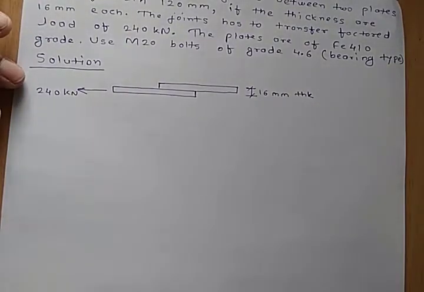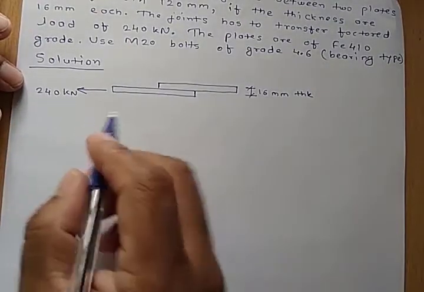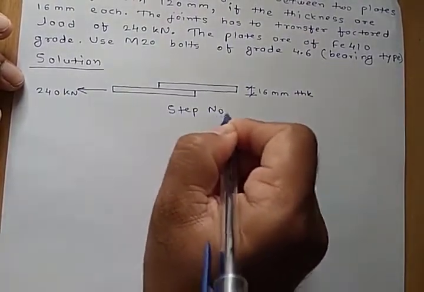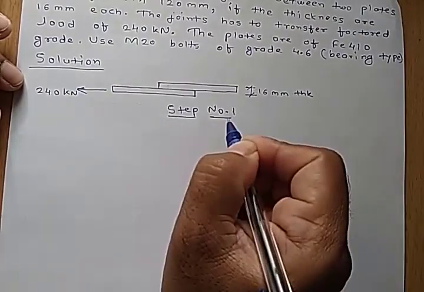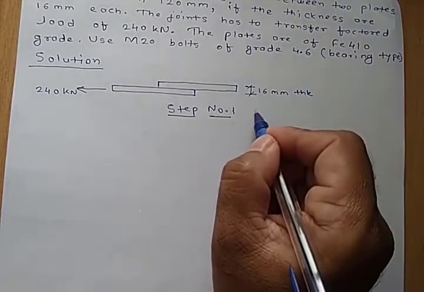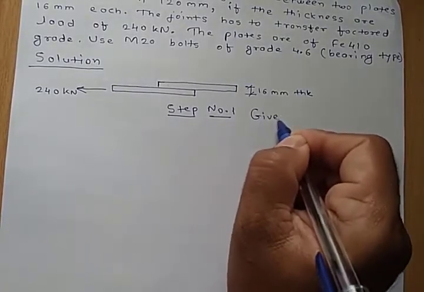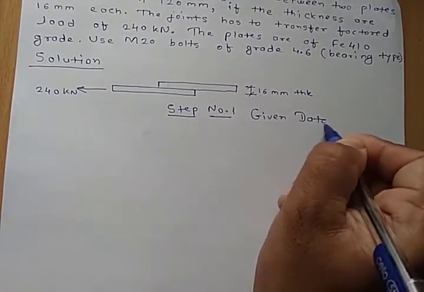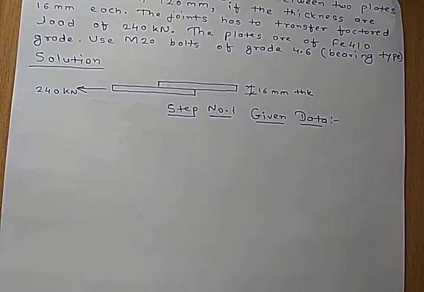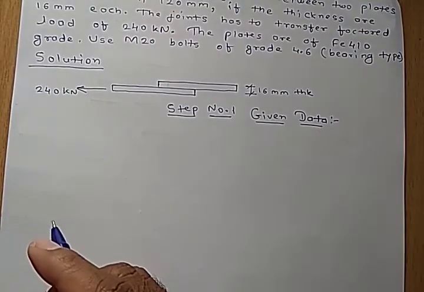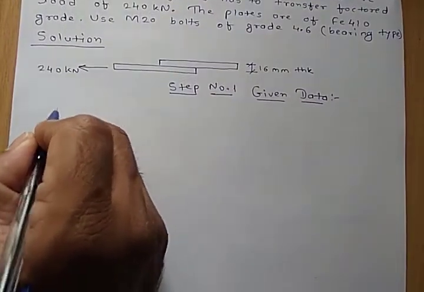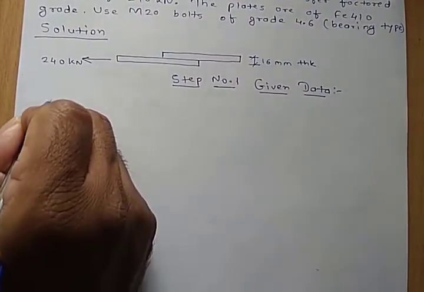The diameter of bolt is given, that is equal to 20 mm. So we need to calculate the diameter of the bolt hole now. Check Table number 19 of IS 800:2007, clearance of fastener hole.